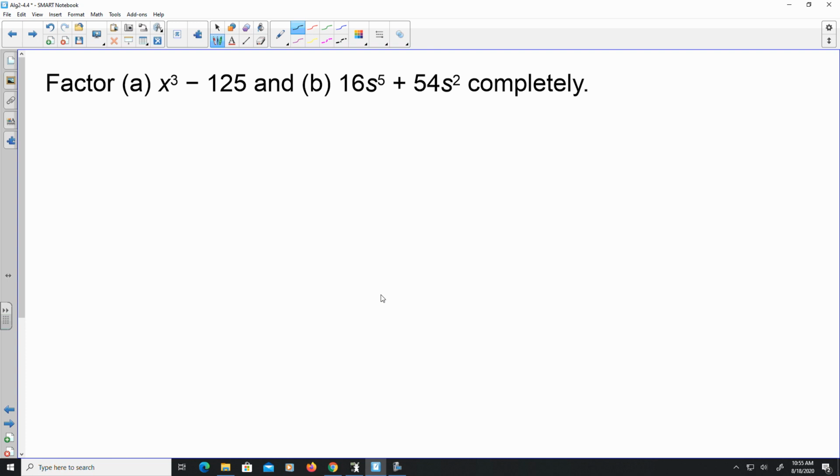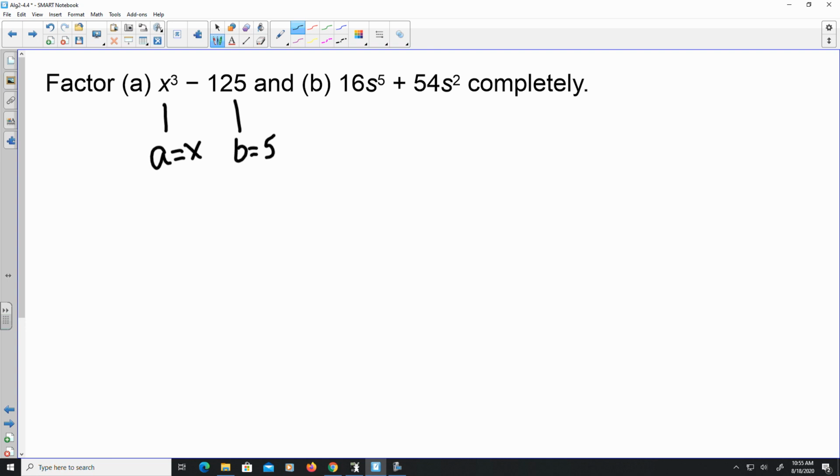Yes, it is, because if you took the cube root of x cubed, it would just be x. So in this case, a is going to equal x. Now we have to ask, is 125 a perfect cube value? Well, if you took the cube root of 125, yes, it would be 5. So that means b is going to equal 5.